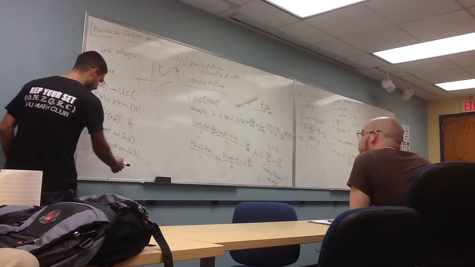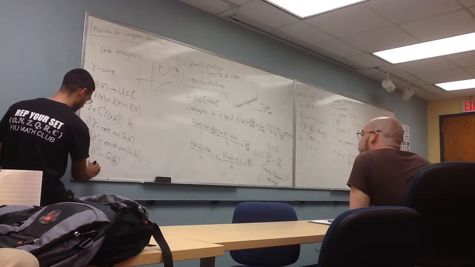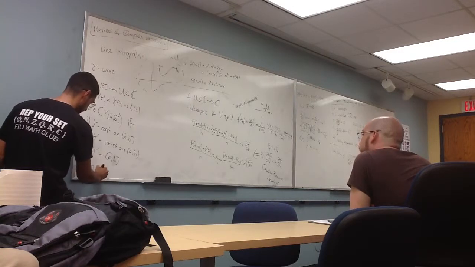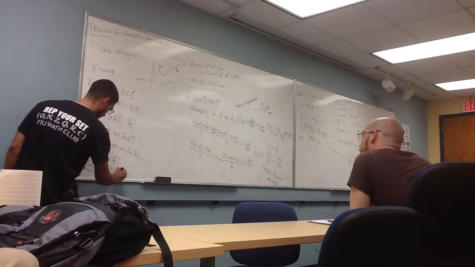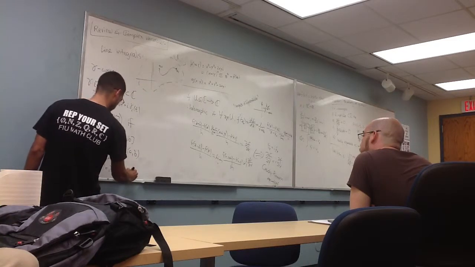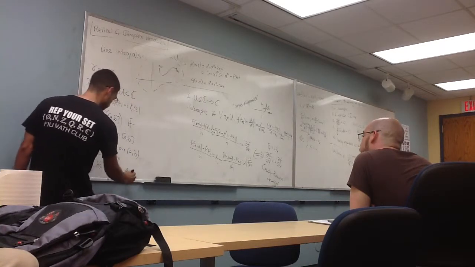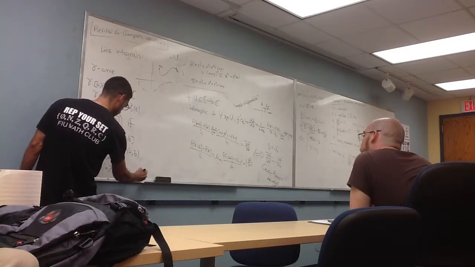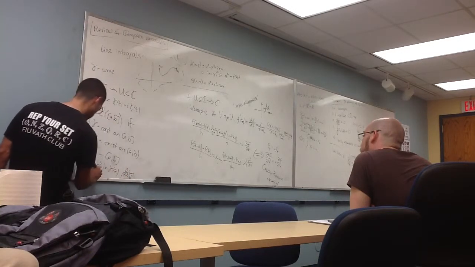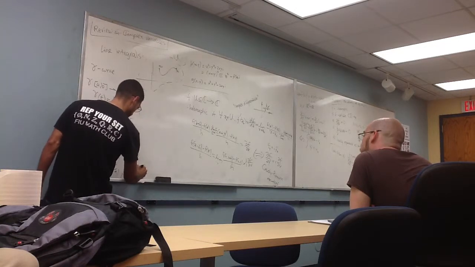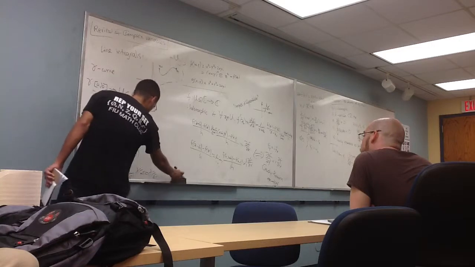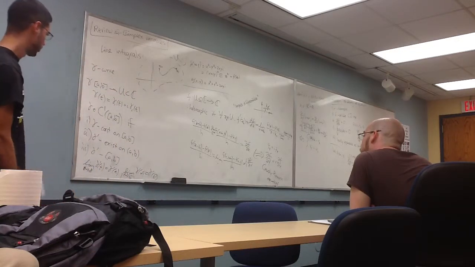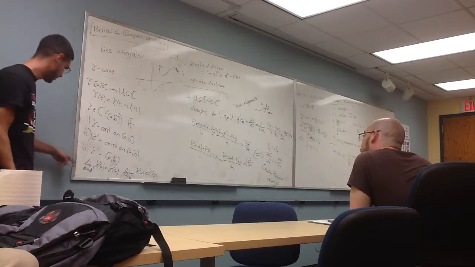This just means that the limit as t goes to a from above of gamma prime of t is gamma prime of a, and the limit as t goes to b from below of gamma prime of t is gamma prime of b. So a curve is called continuously differentiable if these three things hold.